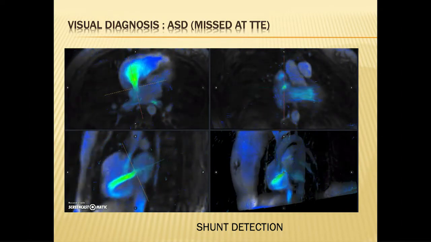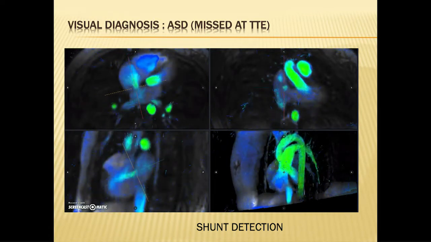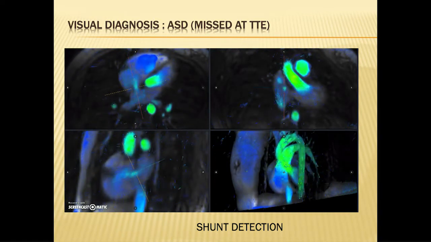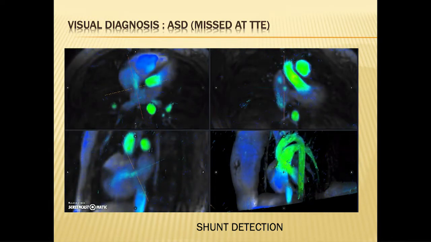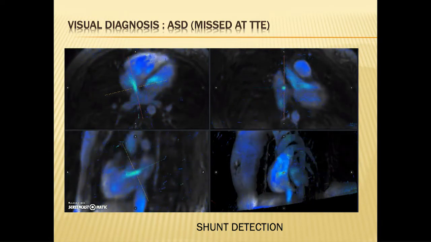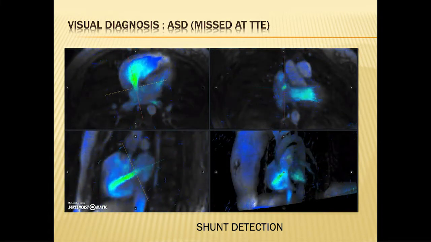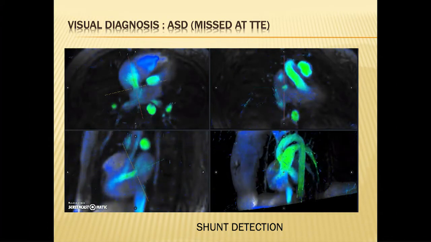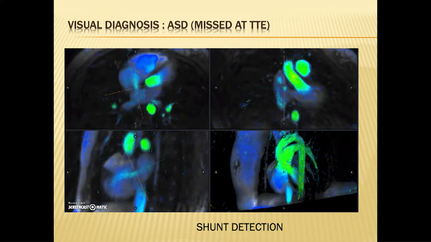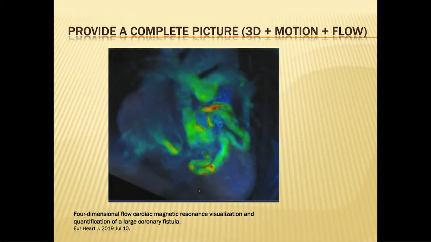It was a young lady with enlarged right ventricle and shortness of breath. They were not able to conclude with TTE. I was surprised because it was obvious with 4D flow, but this is real life.